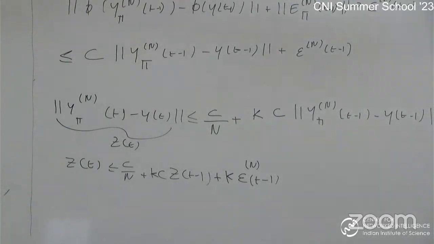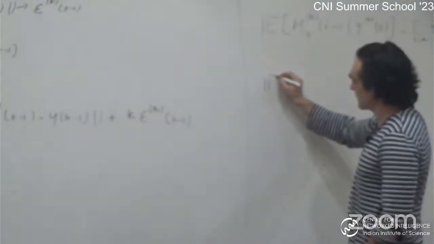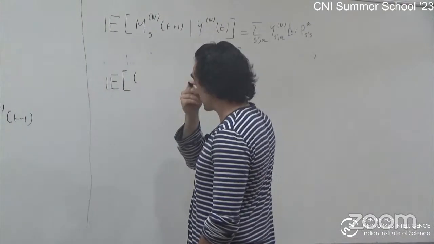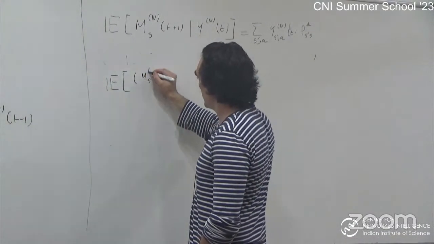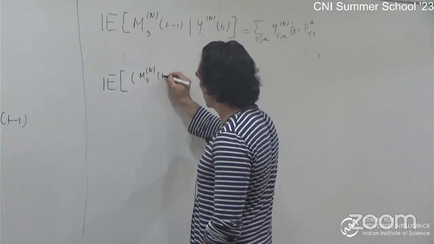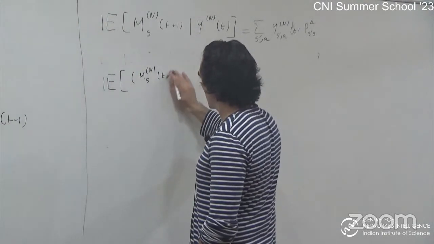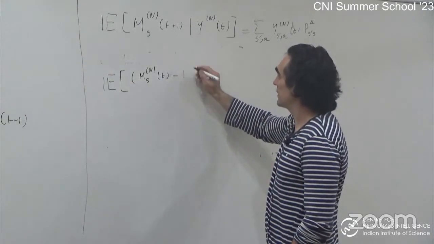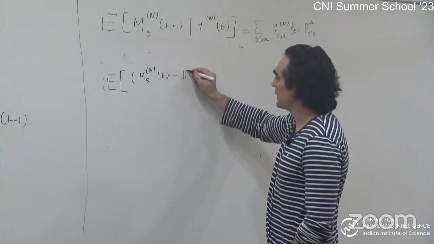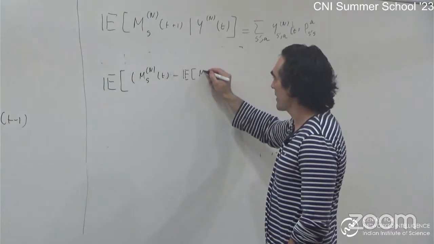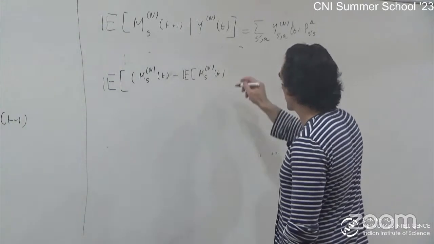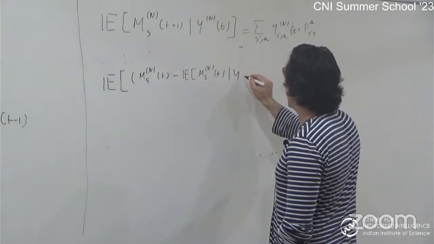Okay. So let's look at the expectation of MSN of t minus the expectation of MSN of t, knowing y n of t.